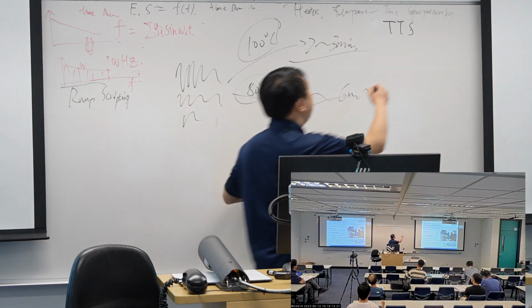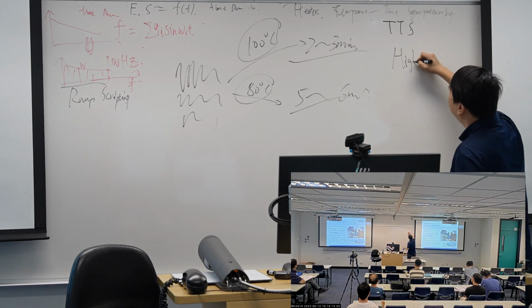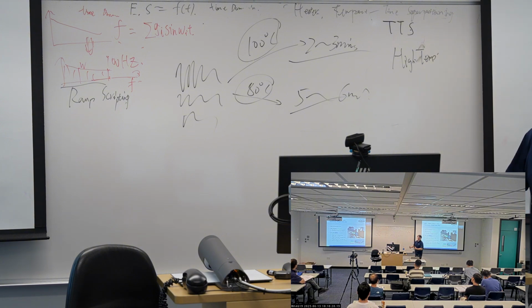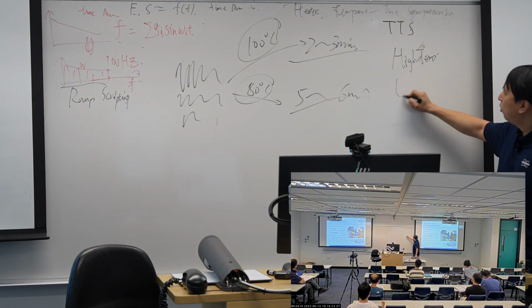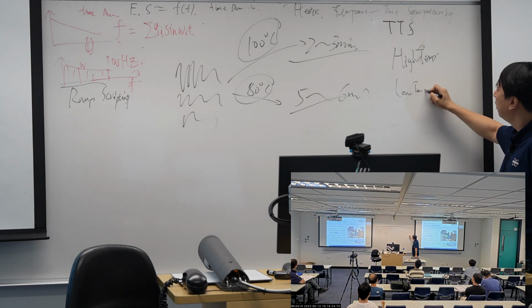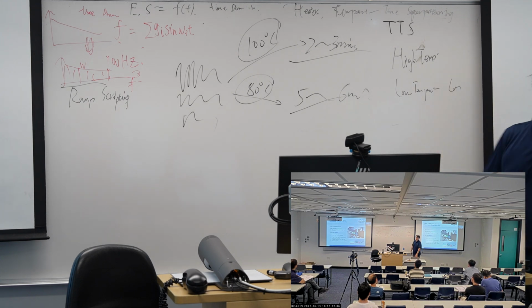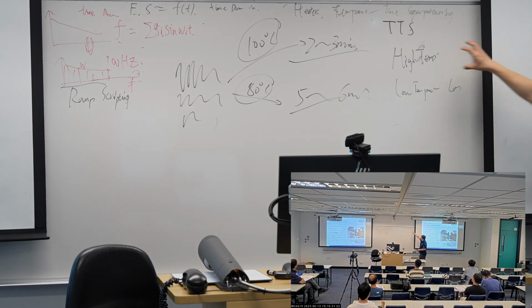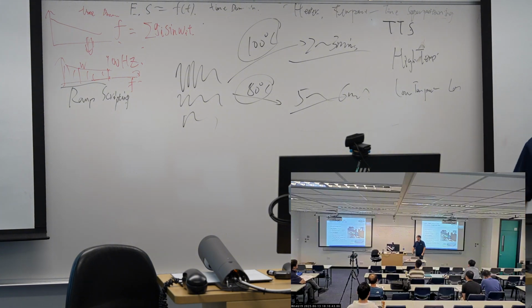So high temperature means short time waiting, and low temperature means long time waiting. It's the same principle. So high temperature can do the low speed stuff. It can have the effect of low speed. If you are doing it slowly, but you give it high temperature, it can reach the same effect.